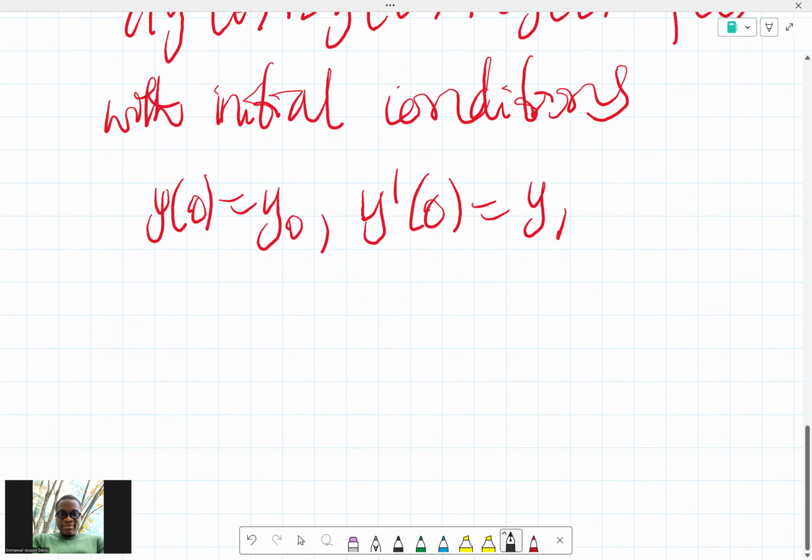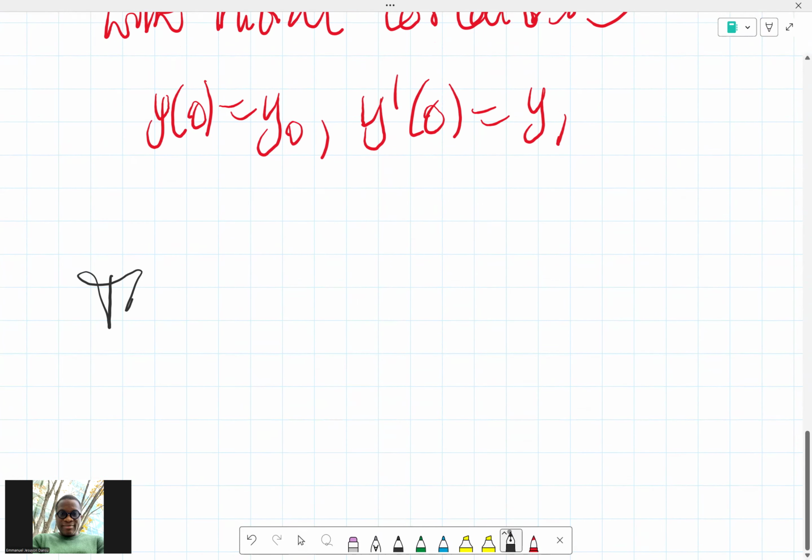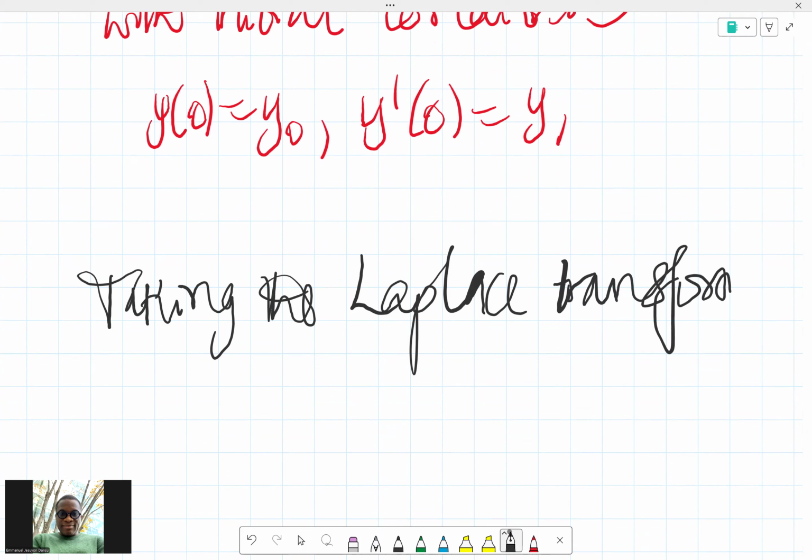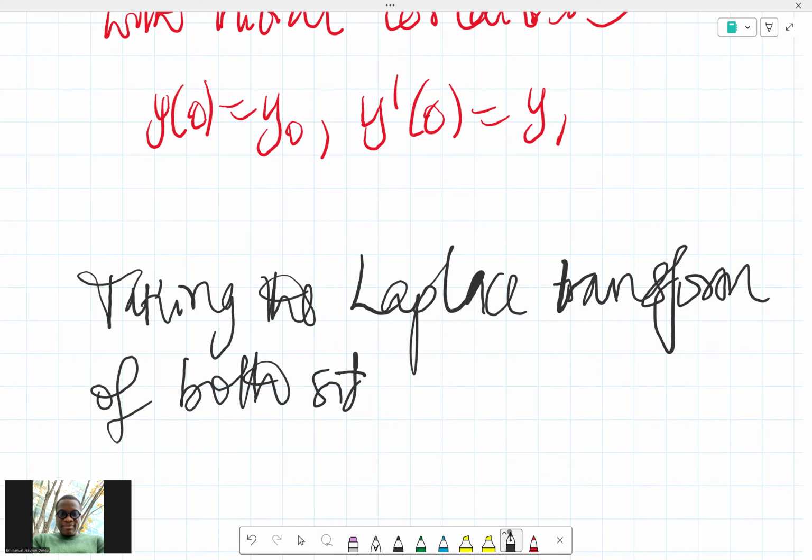So we can then talk about taking the Laplace transform of both sides.